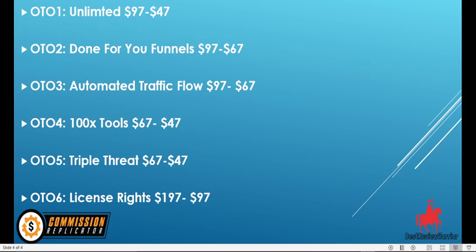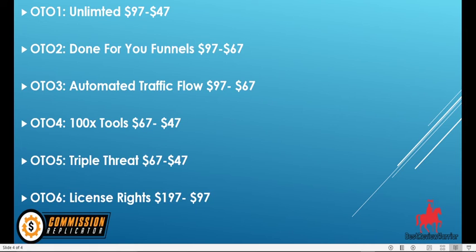In this OTO, you will essentially hook up to the traffic source of the product creator. Then the OTO4, which is the 100x tools. Here you are provided with additional tools that will help you increase your sales and leads. It goes for $67 with a downsell of $47.